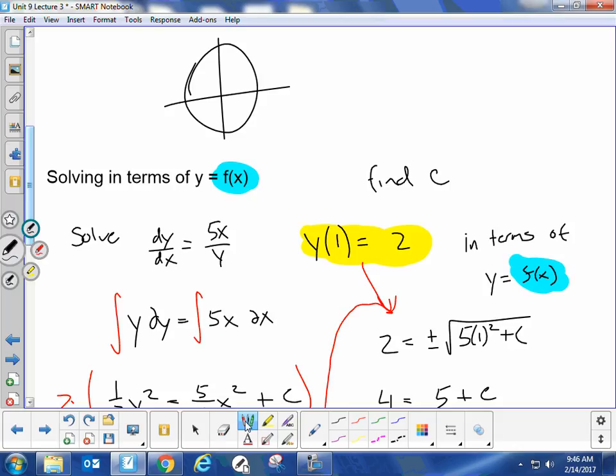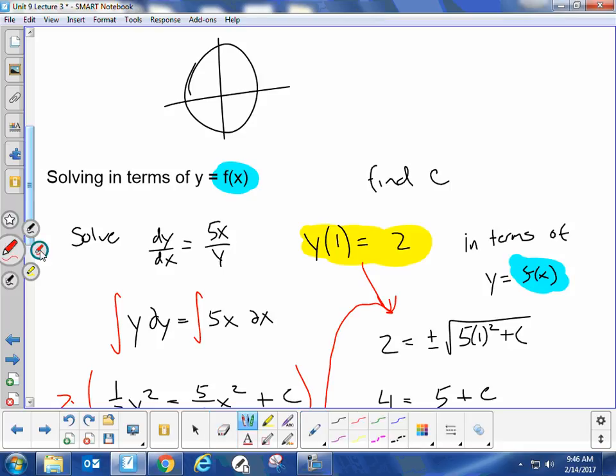Well, turns out if I just gave them half of the oval, that would still satisfy this differential equation, and it would be a function. But if I have a top half and a bottom half, then all of a sudden, that's not the correct answer. And the half that they want you to find is given by the initial condition.